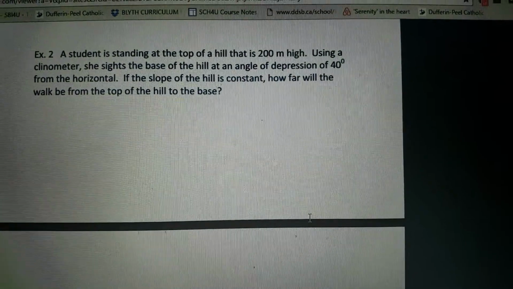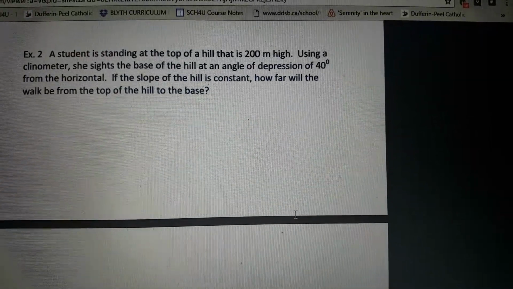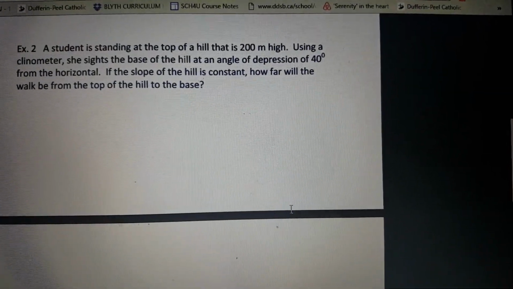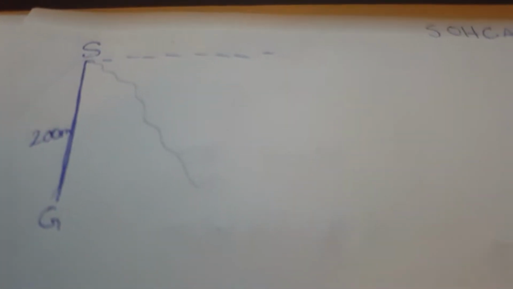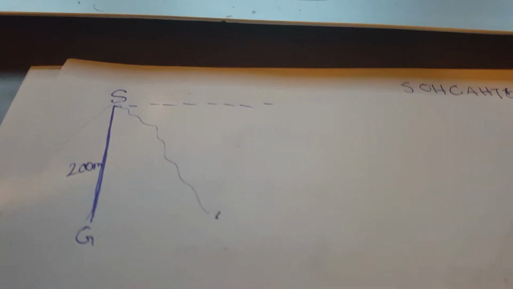Using a clinometer, she sights the base of the hill at an angle of depression of 40 degrees from the horizontal. So what that means is, if she's standing here, here's her horizontal, right? It's the eyesight line. She can look down at the bottom of the hill at an angle that is 40 degrees from the horizontal.